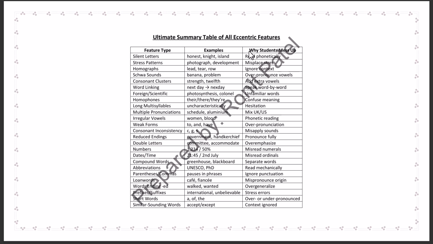So, achieving PT 90 in read aloud is not magic, it is not luck, and it is not talent. It is simply clear sound, correct stress, smooth rhythm, confident continuity. Master these, and the score follows naturally. And that is where true PT mastery begins.